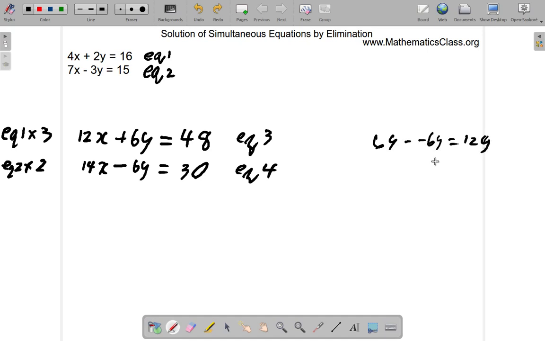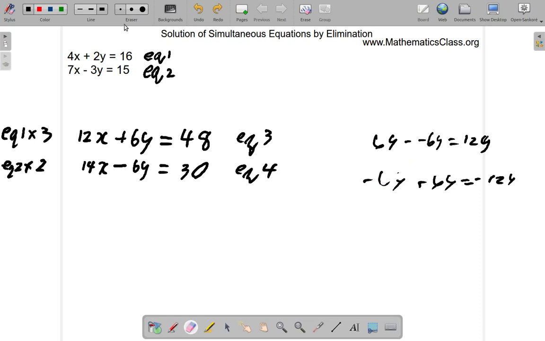If we say equation 3 minus equation 4, or equation 4 minus equation 3, we would have negative 6y minus 6y equals negative 12y. That cannot work. We would not eliminate y.